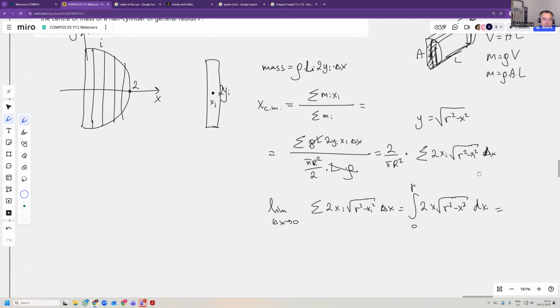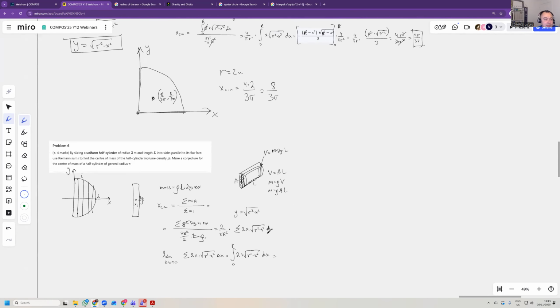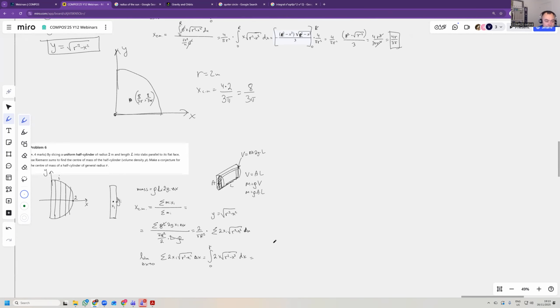And we already know that integral, so that is minus 2 (r squared minus x squared) square root of (r squared minus x squared) over 3 between limits 0 and r.